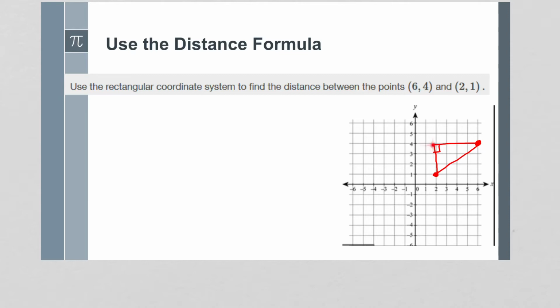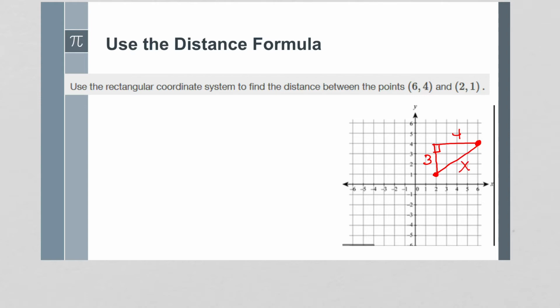So the distance between this point and this point is 1, 2, 3. The distance between this point and this point is 1, 2, 3, 4. So now we can use the Pythagorean theorem in order to find what this hypotenuse is.